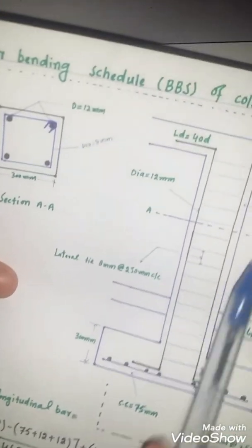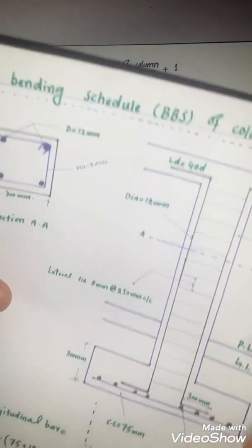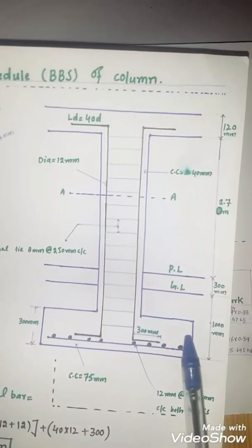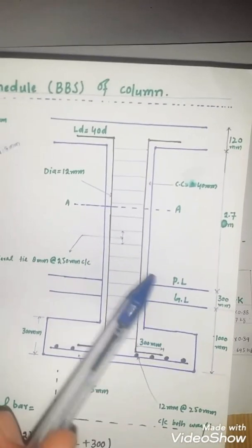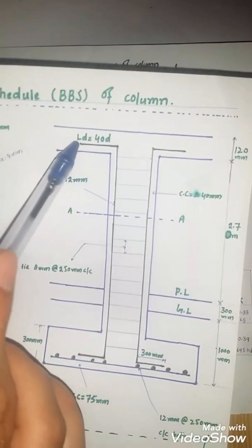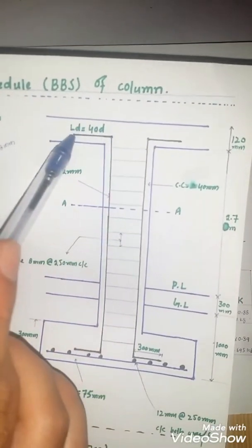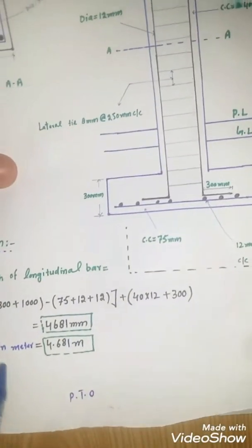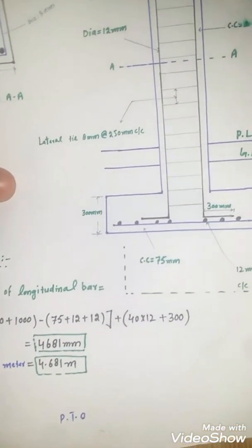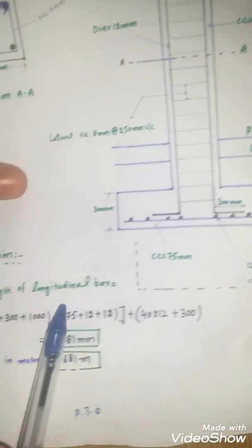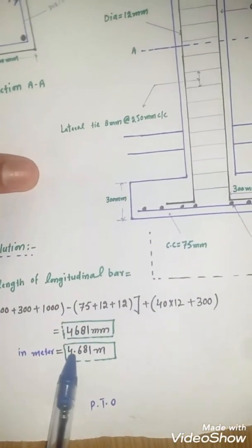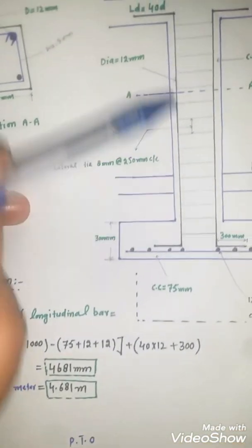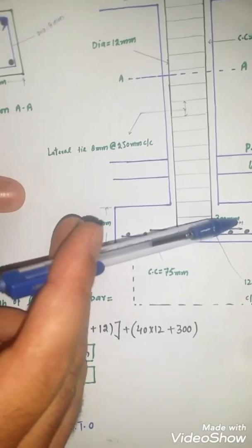For finding the height of this column from this point to this point, you just need to subtract this development length and this hook, because the cut length of longitudinal bar is equal to 4.681 meter.